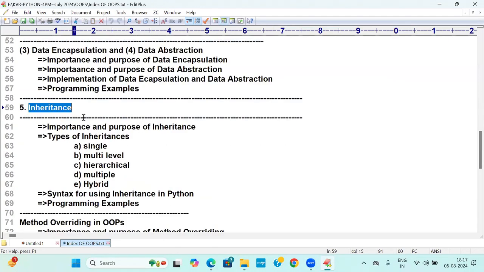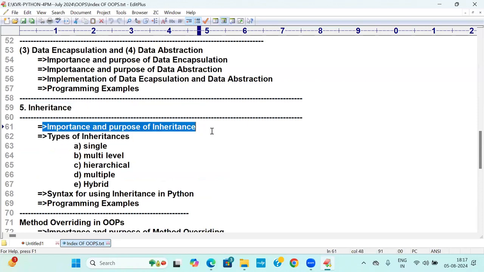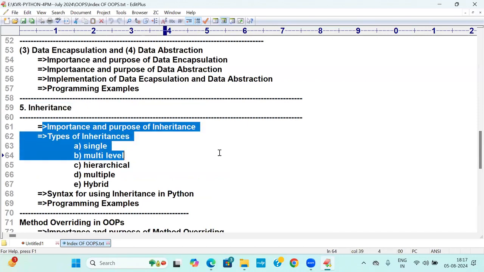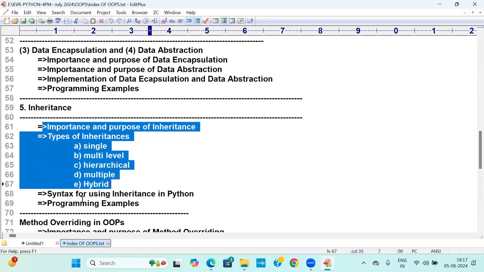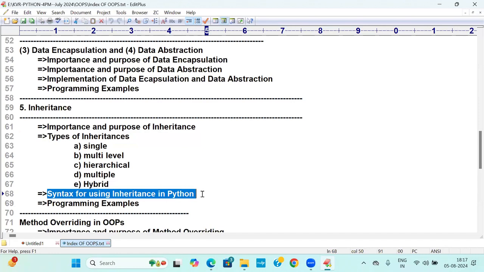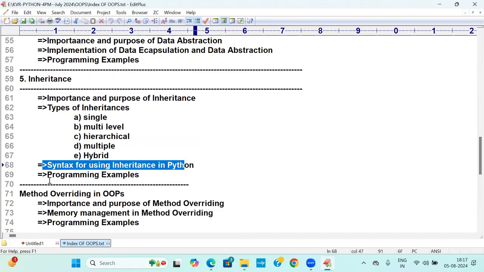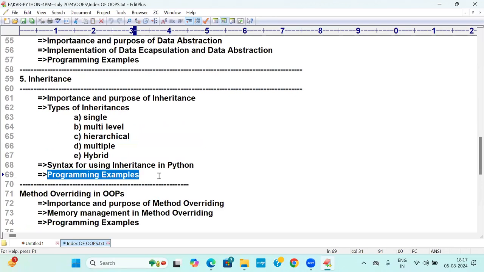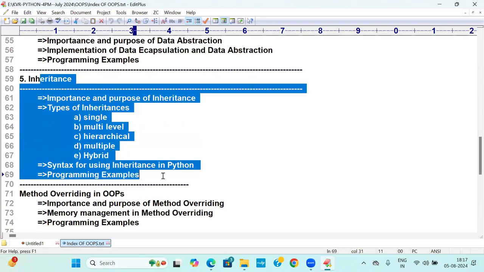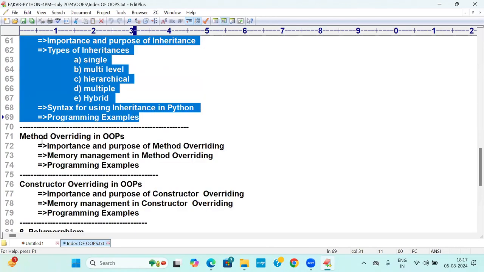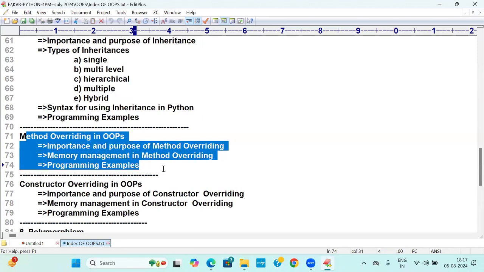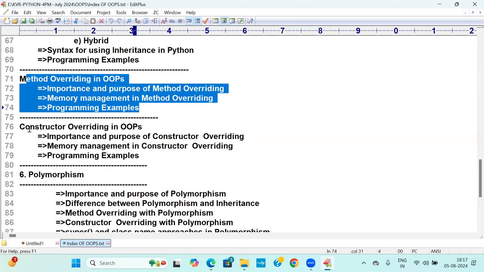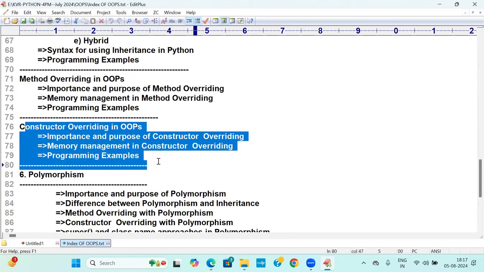Inheritance: importance and purpose of inheritance, types of inheritance: single, multi-level, hierarchical, multiple, hybrid. What is the syntax for using inheritance in Python? Programming examples. As a part of that, we additionally introduce method overriding as well as constructor overriding.